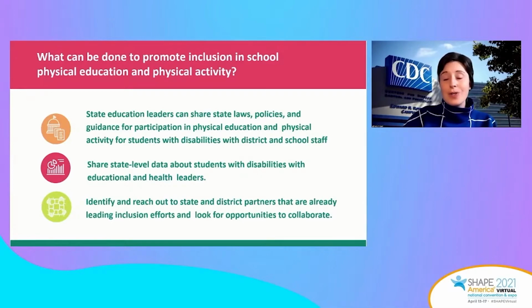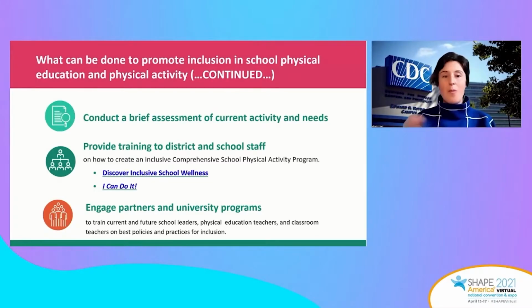Potential partners include state disability program staff, Special Olympics state affiliates, local university departments working on adapted physical education and inclusion. All of these things are really great. And there are also a speech therapist that can be part of that team. CDC funds 19 state disability and health programs. All right, more opportunities that can be done.